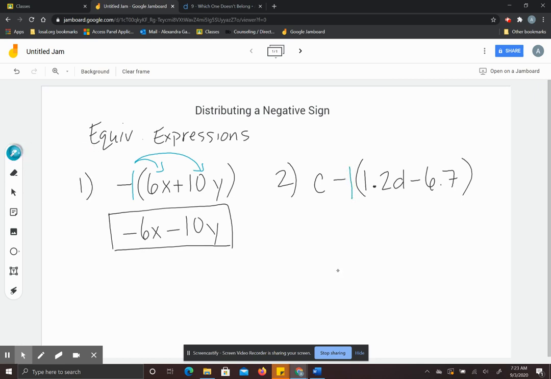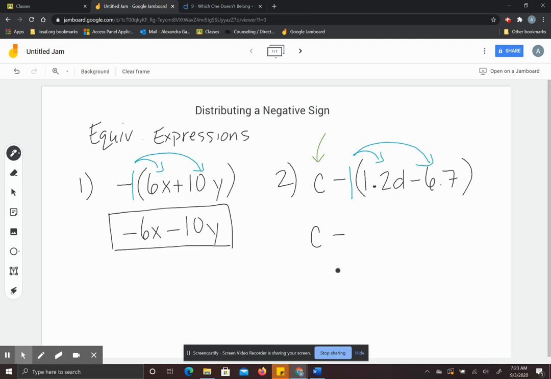Now, this c that's on the outside, we do not touch until we've actually distributed our -1 inside of the parentheses. So this is our first step. And then we'll deal with c. Since we're not touching c, we'll just bring it down and then figure out what -1 times 1.2d is.